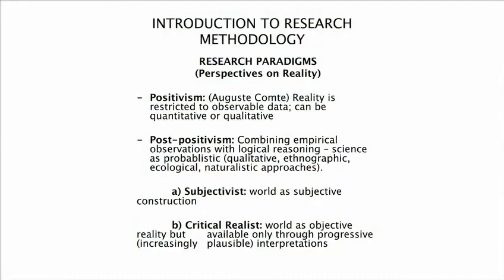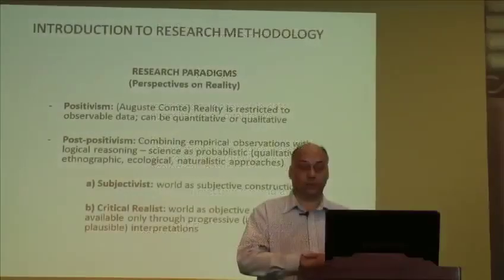Now, we come to the question of research paradigms. Research paradigms have to do with perspectives on reality. How we will look at something is our research method, which rests on how we look at the world. Okay?